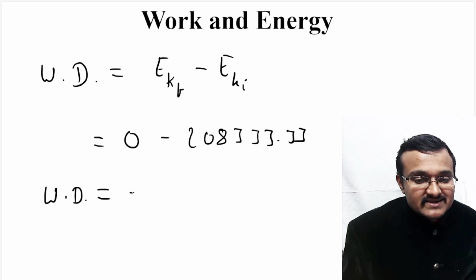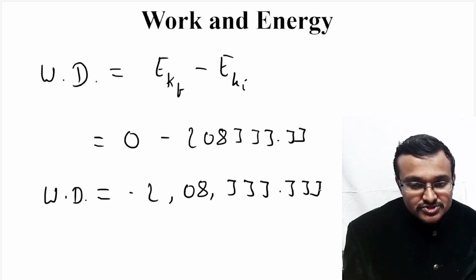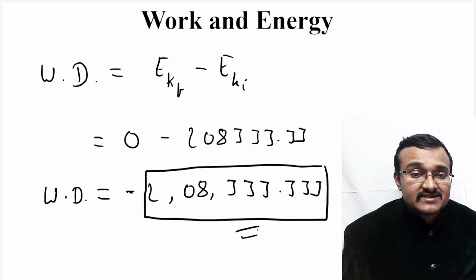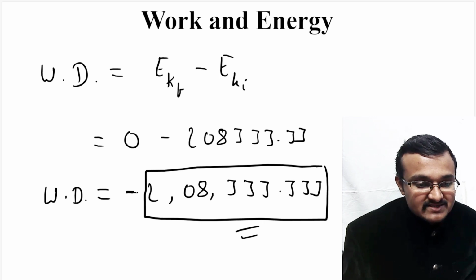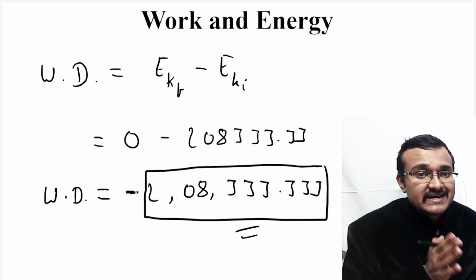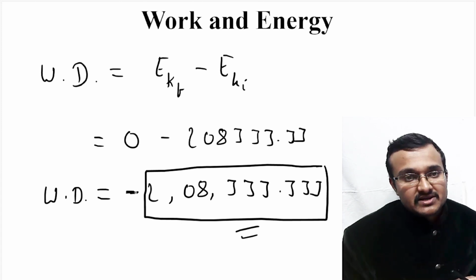So work done is equal to minus 2,08,333.33 joules. Now you can just consider the magnitude of work done, that is 2,08,333.33 joules, where this negative symbol indicates that work done is acting opposite to the direction of motion. That means work done is negative in this particular case.